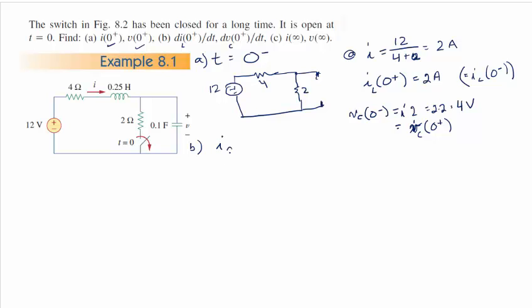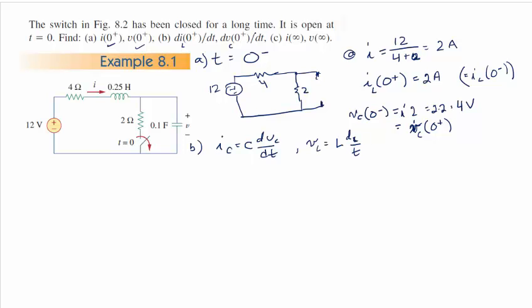We know that the current in a capacitor equals C dVc/dt, and we are wanting to find dV/dt at time 0 plus. The other one that we know is that the voltage in the inductor is L di in the inductor/dt.